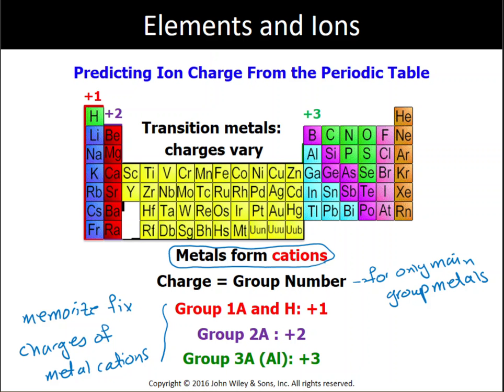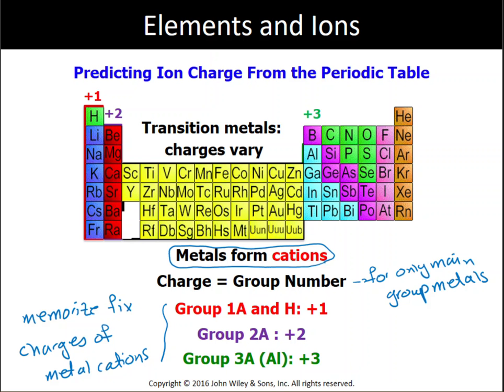Now, transition metals, which are all those elements you see in yellow, have variable charges. The charge of a transition metal is not fixed. So I can't tell you for sure what the charge of chromium is. I know what possible charges chromium can have, but depending on the conditions of the experiment, depending on what anion it mixes with, depending on the stoichiometry, many factors, the charge of the chromium could be chromium 3, it could be chromium 5, it could be chromium 7.